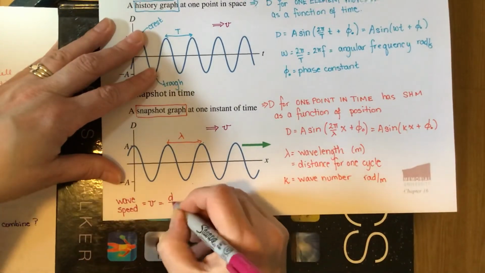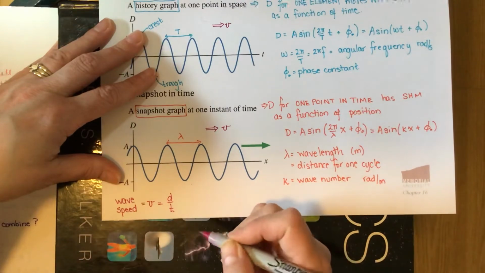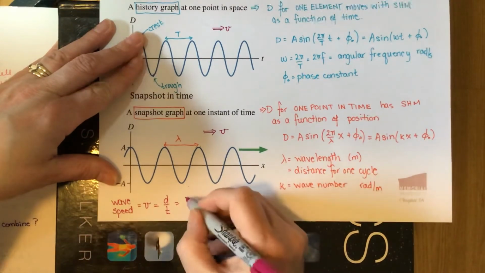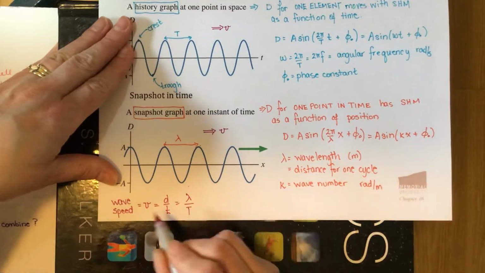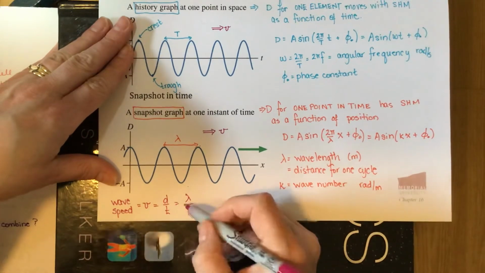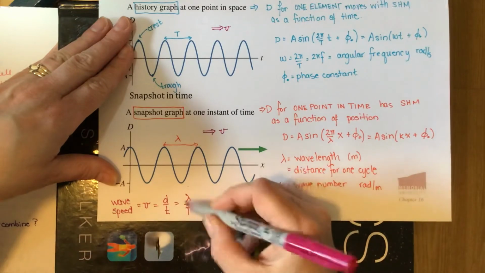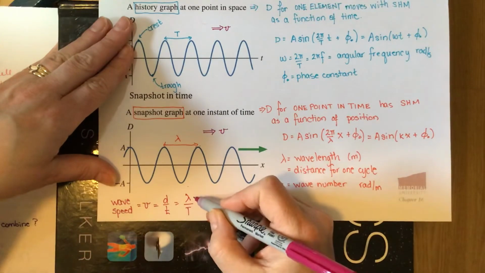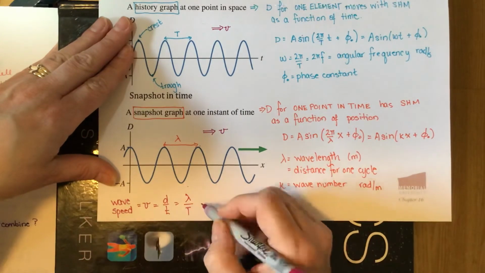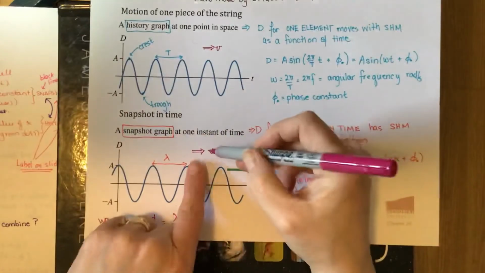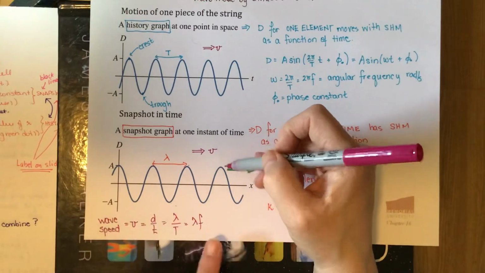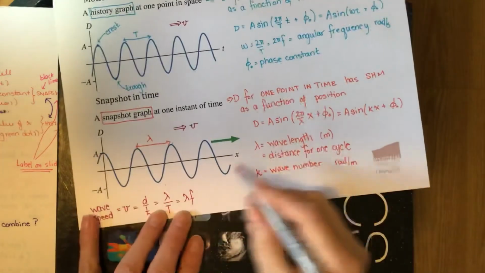So we could calculate it as distance over time. The distance for one cycle is lambda, and the time for one cycle would be the period. So our wave speed can be given as distance over time. If we think about one cycle only, that's lambda over T. We remember that 1 over T is frequency. So the wave speed, how fast that bump travels down the line, is the frequency times the wavelength.